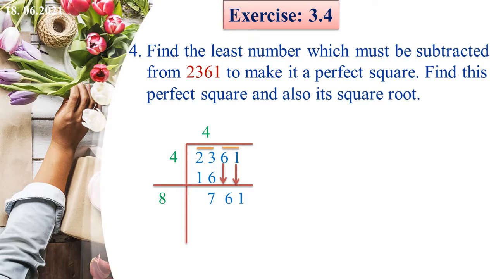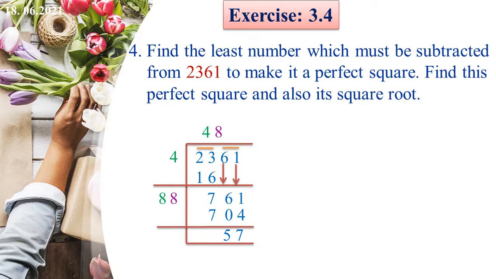Here, the suitable digit is 8. Place 8 in the quotient also. Now, multiply 88 and 8, we will get 704. Now, subtract 704 from 761. We will get 57 as the remainder.